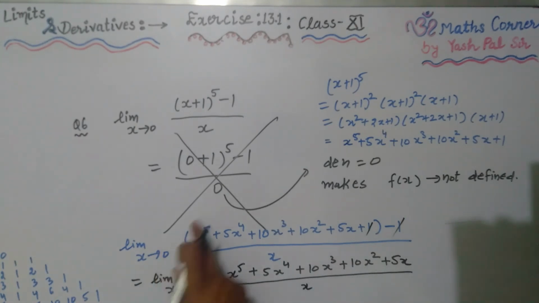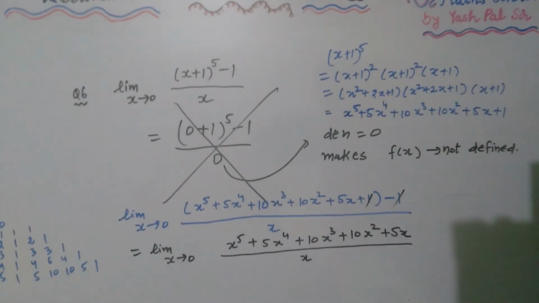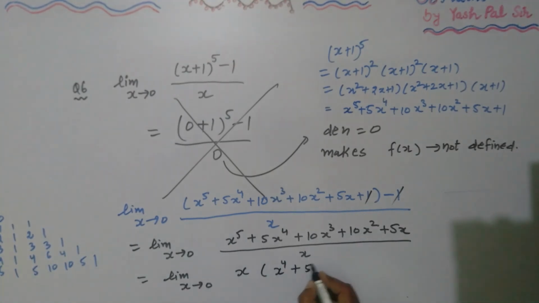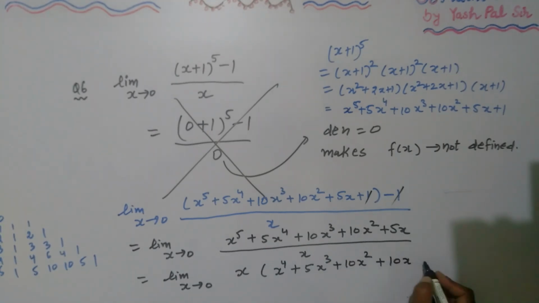So because x is not equal to 0, we can take x common. So this is equal to limit x approaches to 0, taking x common we have x raised to power 4 plus 5x raised to power 3 plus 10x raised to power 2 plus 10x raised to power 1 plus 5 divide x, right? Now this x and this denominator x is cancelled.